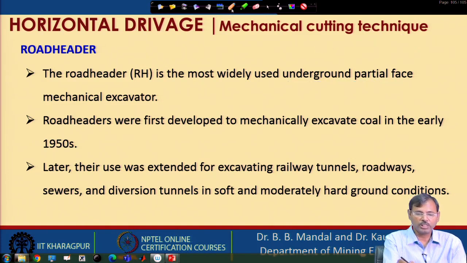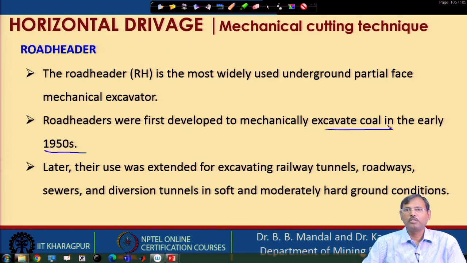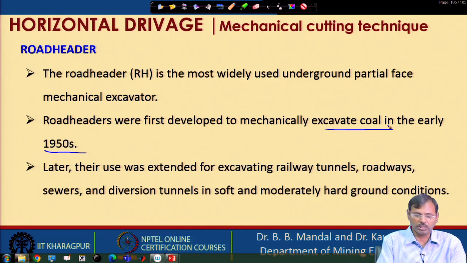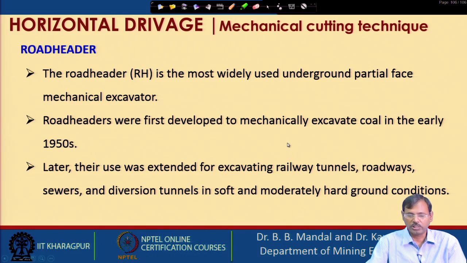Road header was first developed in the 1950s for the excavation of coal. In fact, till date the continuous miner, which is a similar machine to the road header, is very commonly used for the excavation of coal. Gradually the machines adopted for coal, which were made for softer formations, were modified suitably for hard rock excavation, mostly for civil projects.